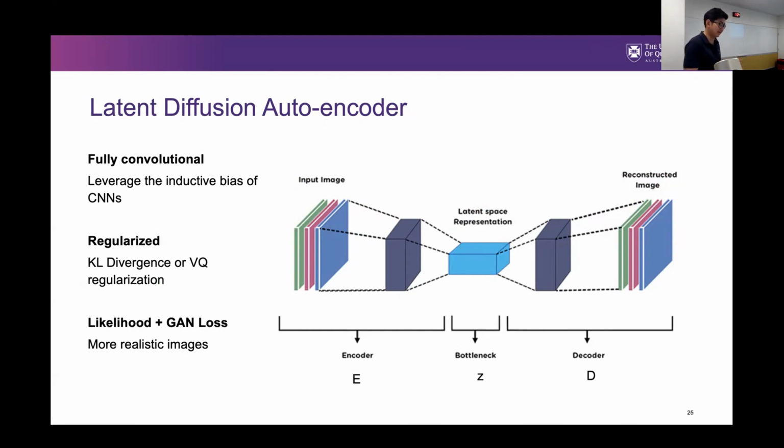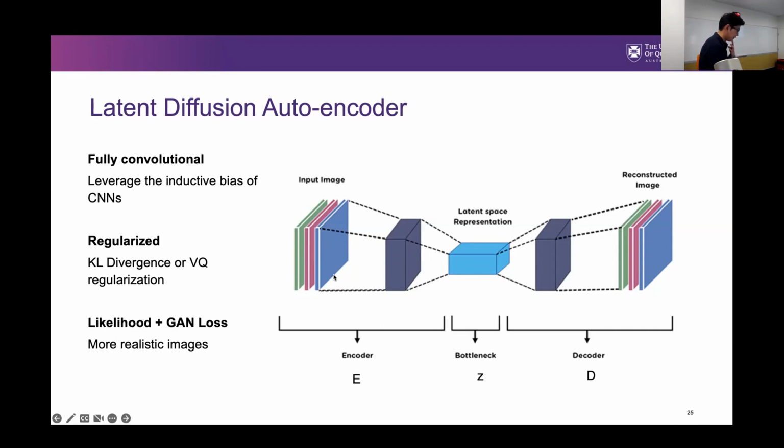And another way to do it, or a better way empirically, is using vector quantization. You can look that up later, but I'm not going to go into too much detail here. What that does is it just turns the latent space into discrete vectors. So basically that makes it easier to interface with the diffusion model.